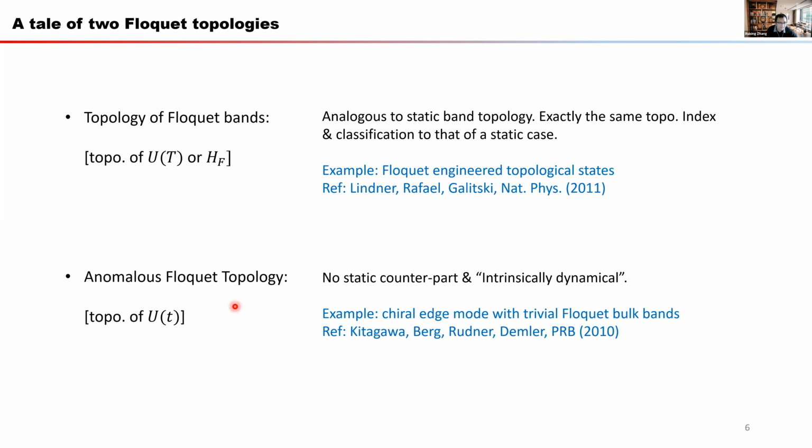So in this case, there are often very exotic phenomena that have no static counterparts. For example, as introduced by Yang yesterday, you can actually achieve a chiral edge mode even if all the bulk bands are topologically trivial. This kind of statically impossible phenomenon is often known as intrinsically dynamical because it comes completely from the quantum dynamics of the system.